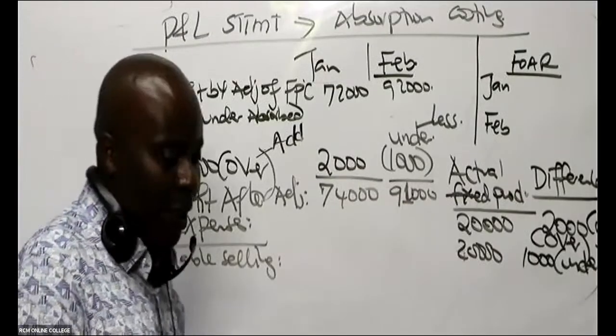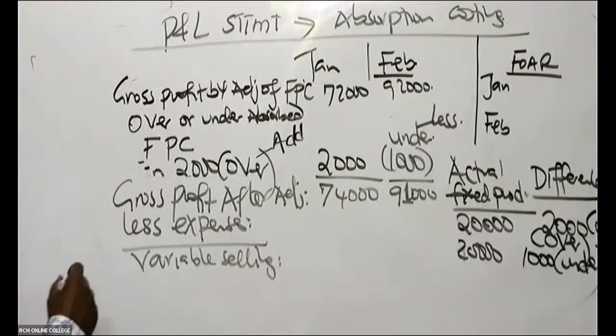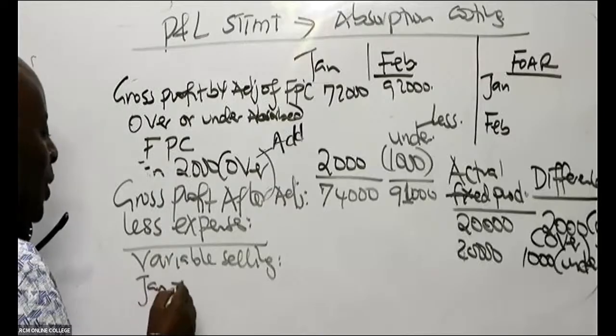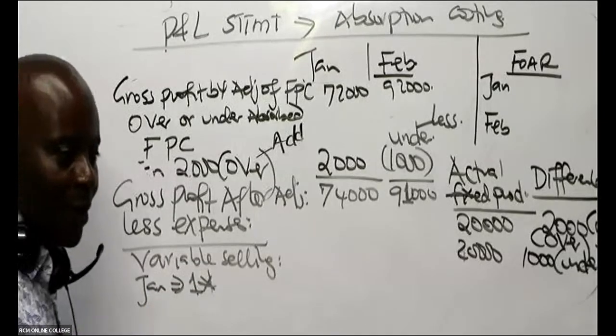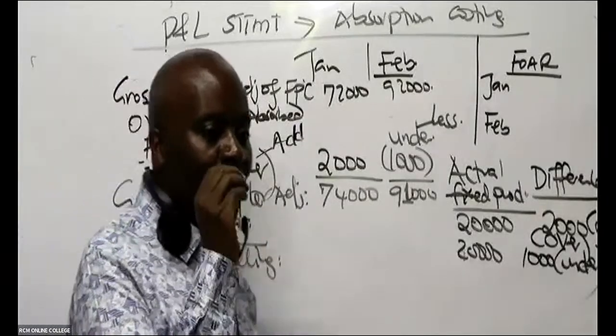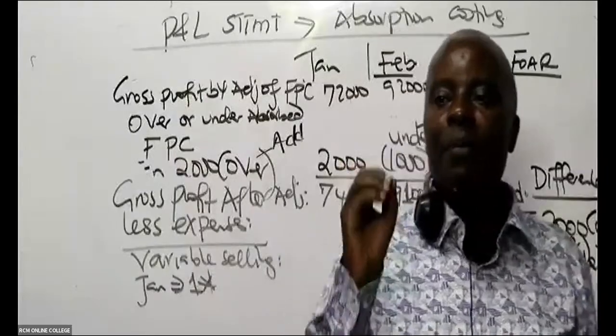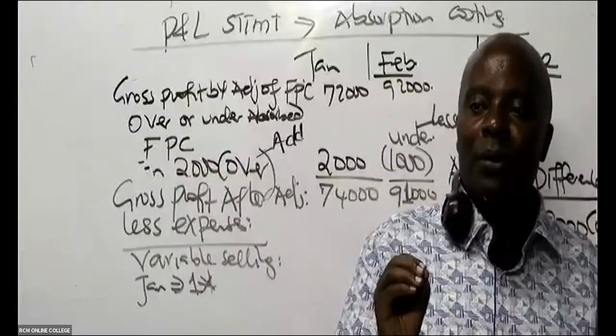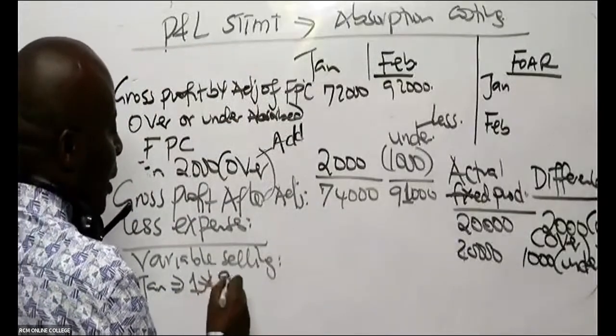So variable selling, are you able to see the variable selling per unit? So in this case here, variable selling January, you're saying it's 1 times how many units? Times the number of units you sold in January, because a selling expenditure can never be associated with production. So in this case here, January we sold 9,000.